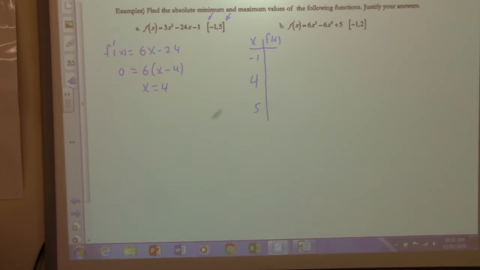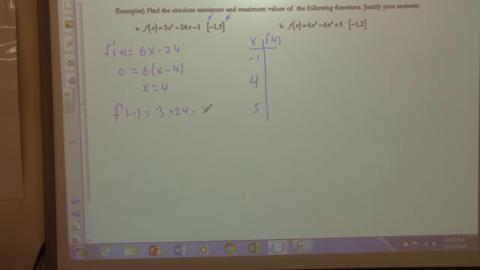So let's go ahead and evaluate the candidates. We're going to have f of -1, and that's going to be 3 minus 24 times -1, so that's going to be plus 24, right?